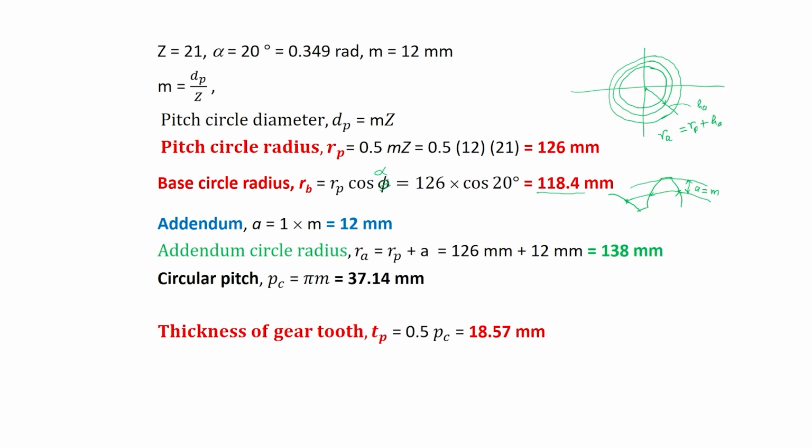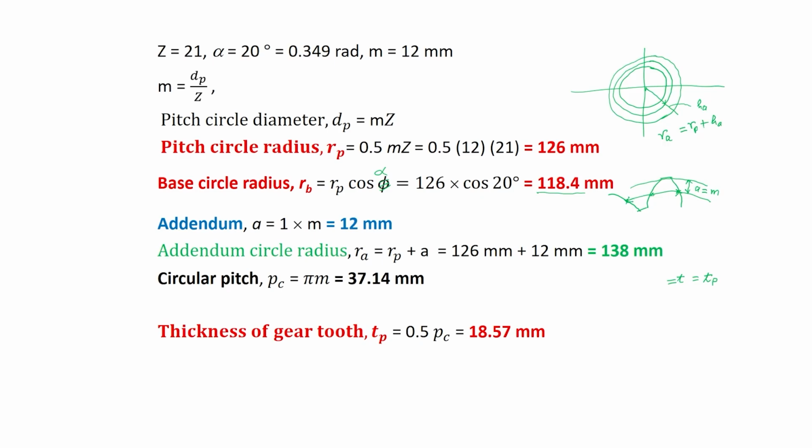So, if we are saying thickness of the gear tooth, then it will be thickness along the pitch circle, and that you may say TP. TP is actually the thickness of the gear tooth, and we know that this will be half of the circular pitch.